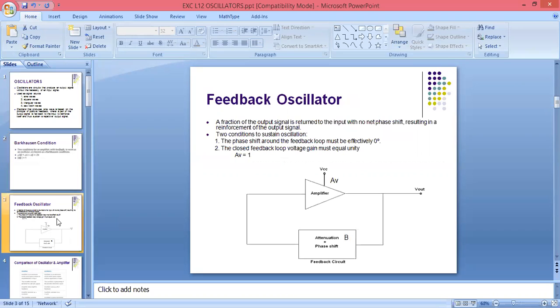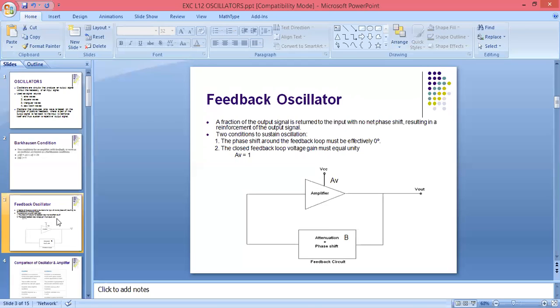Now we see what we are doing in the feedback oscillator. If we have to use an oscillator, it is one type of amplifier, but in an amplifier we are using negative feedback. The amplifiers we saw earlier, voltage shunt, current series, all of them take negative feedback.